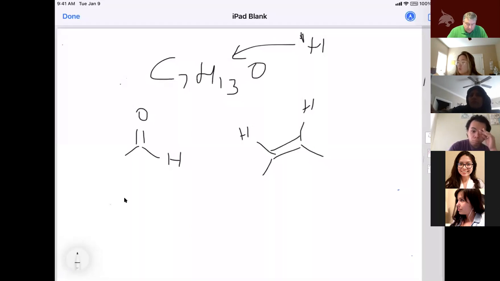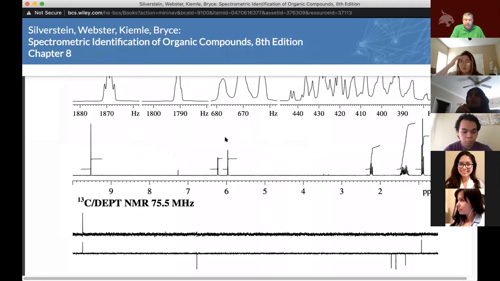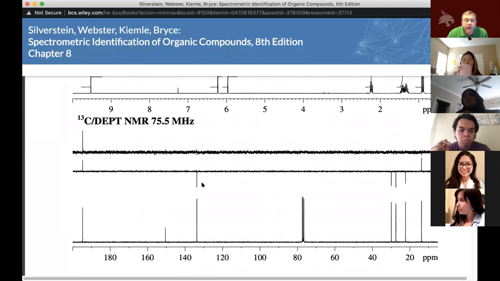So let's go back to this right here and see what else we see. Okay, so let's go on to the carbon here. Again, we have something way up at 190. We have one proton on it, odds up, evens down. And if we look at our second line here, this is our 137 degree peak.